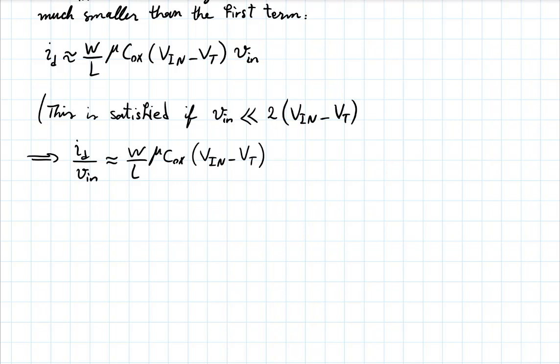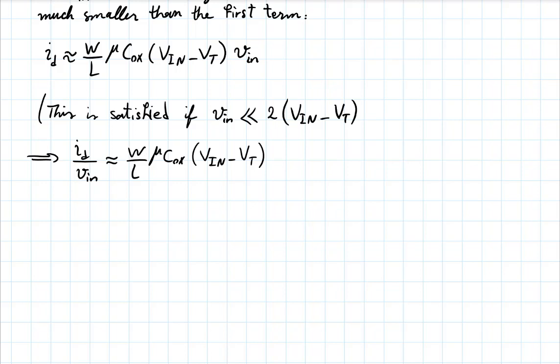So this is the small signal voltage to current gain for this circuit. And it's actually called transconductance because it's a conductance, right? It's a current over a voltage, but not current over voltage of the same element.